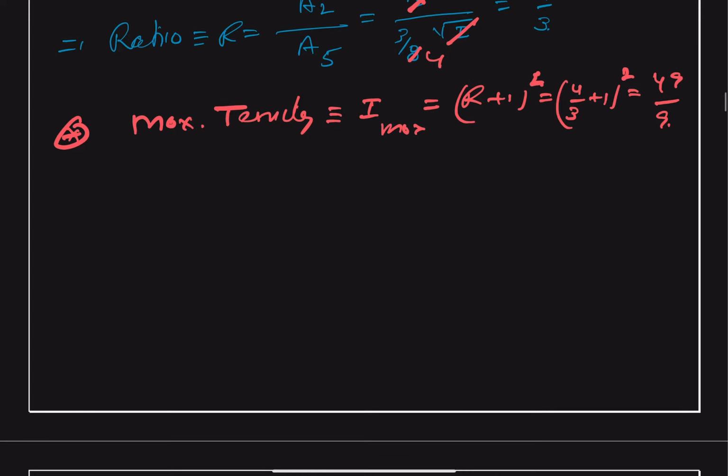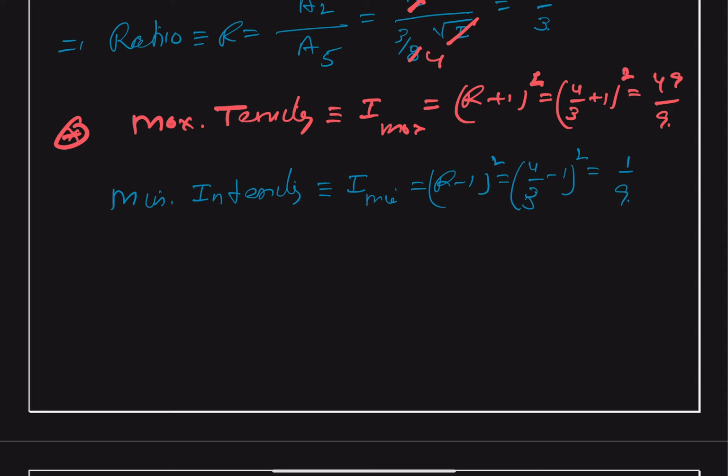And we have the minimum intensity, that is our I min, which will be equal to (R minus 1) whole square. So we get this as (4 by 3 minus 1) whole square, and this gives us 1 by 9.